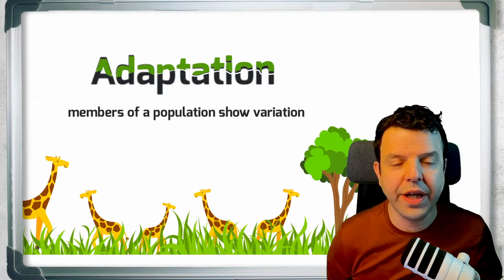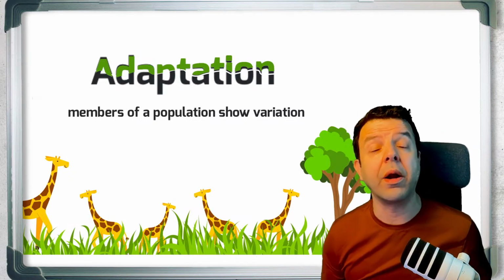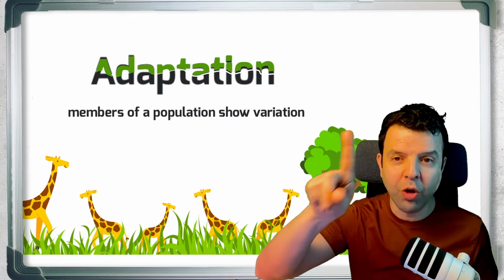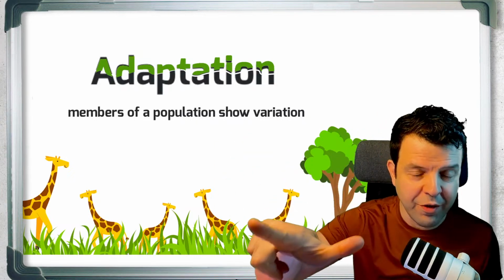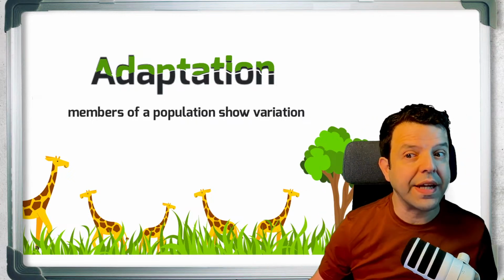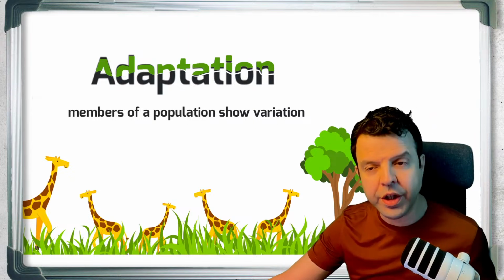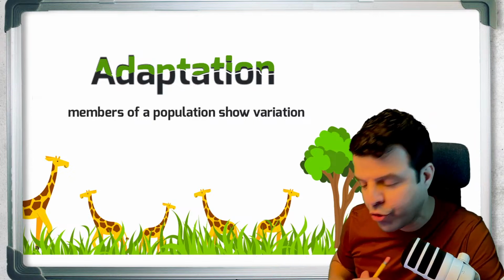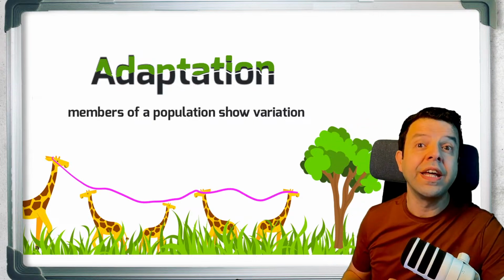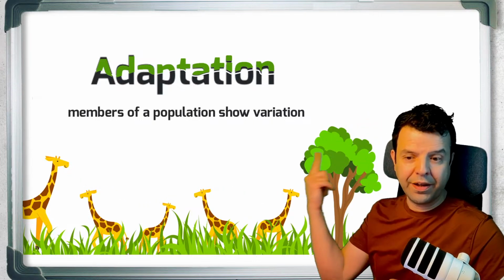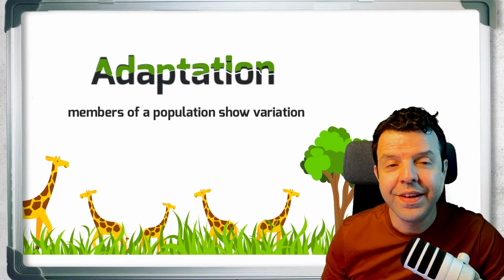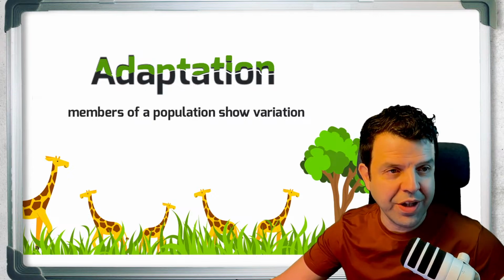Do you see what I have here? I got a group of giraffes. They are members of one population because you can see they're all giraffes. They all live in the same forest at the same time. Now, you can see here that I see variation. What kind of variation do I see among those giraffes? I see continuous variation in their neck length. As it is, there isn't any advantage.